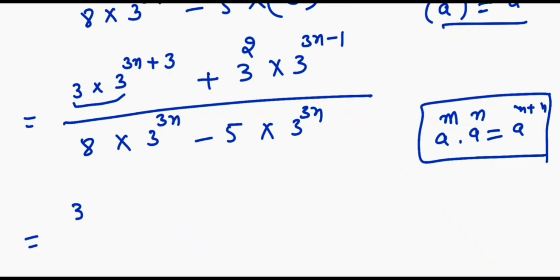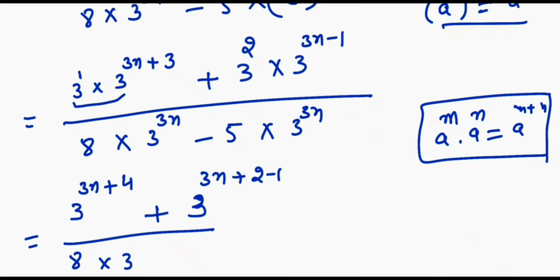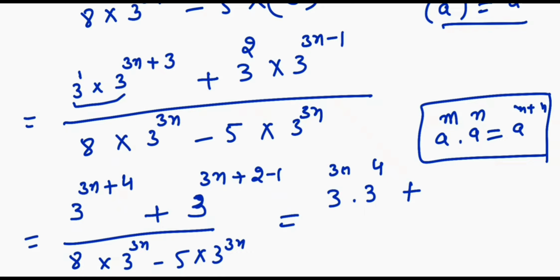So it will become 3 raised to power 3n plus 1, 3 plus 1 is 4, plus 3 raised to power 3n and 2 minus 1, divided by 8 into 3 raised to power 3n minus 5 into 3 raised to power 3n, which will become equal to 3 raised to power 3n into 3 raised to power 4 plus this will become 1.